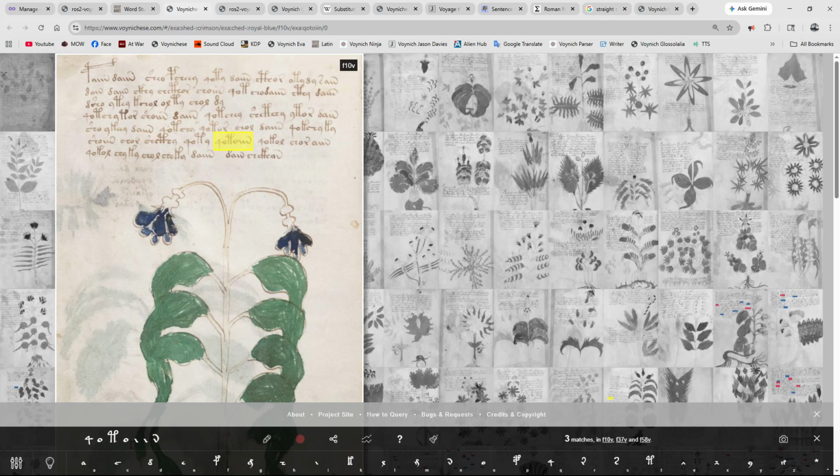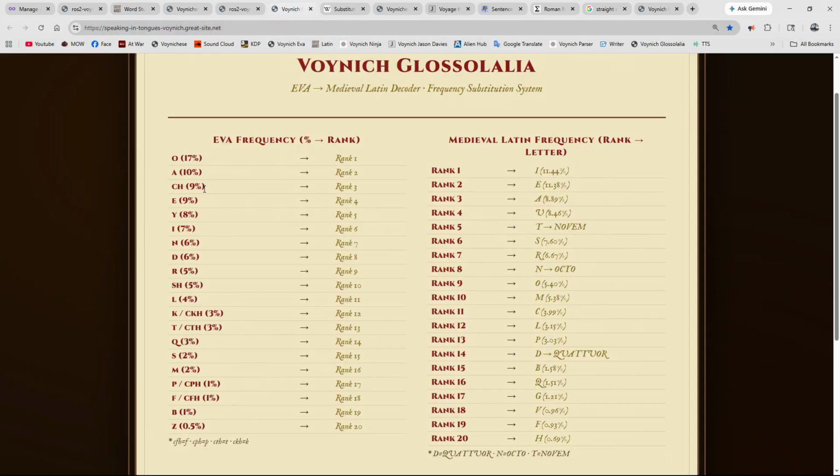That's an O character. So the O is 17%, the highest ranking letter in frequency in the book. So that ranks 1. It just happens to rank the highest in medieval Latin.